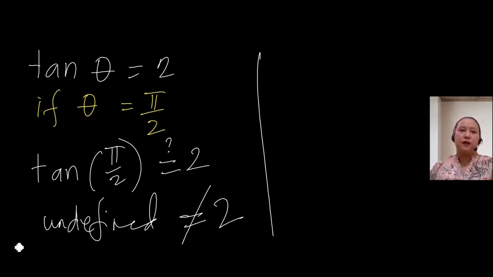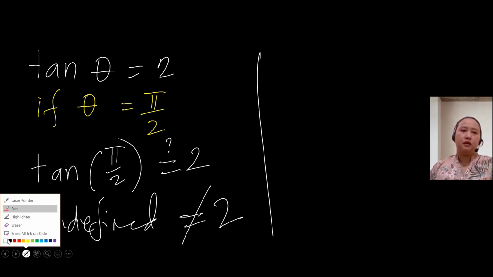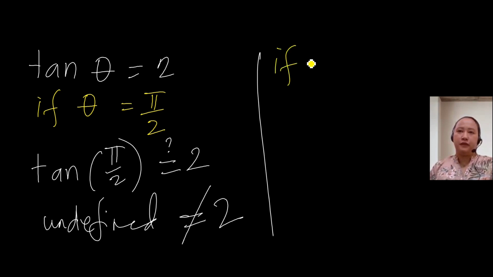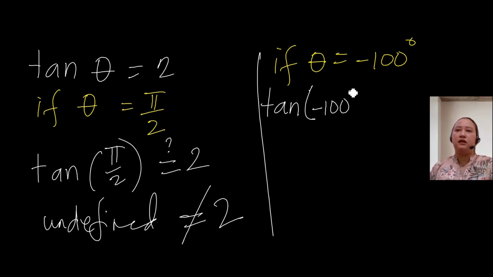So another example, if theta equals -100 degrees. Substituting, we have tangent of -100 degrees. Is it equal to 2?